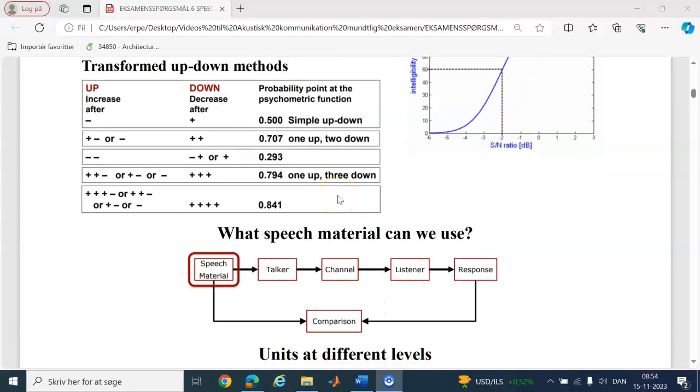We can also have 1 up 3 down and 1 up 4 down, and it's more time consuming, I think, and needs more correct answers, and the percent of yes is also increasing.